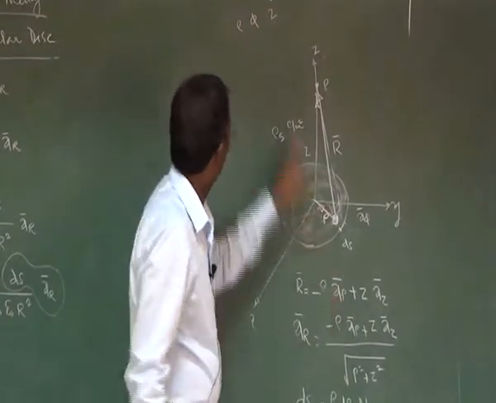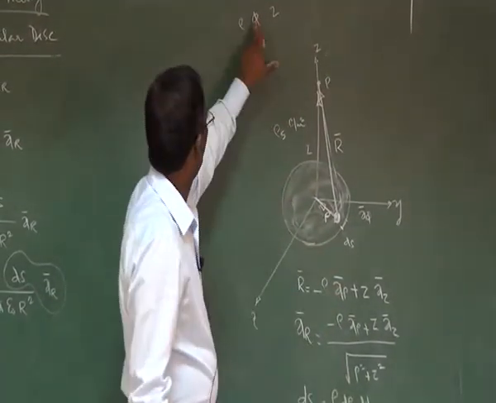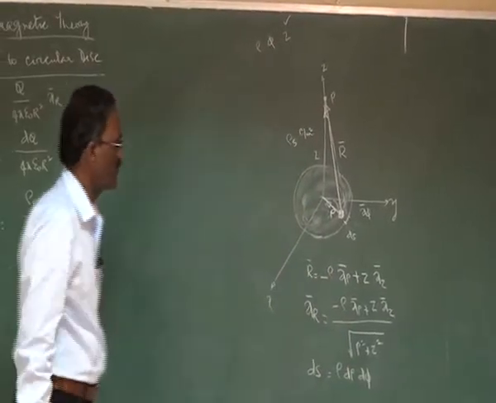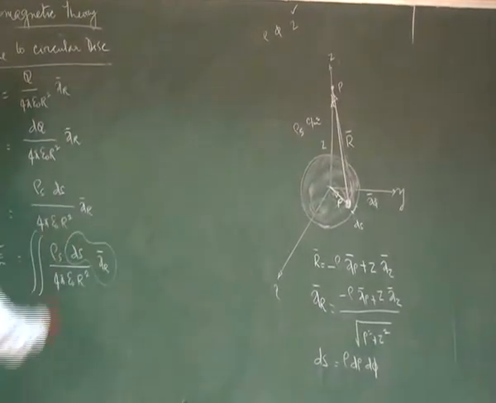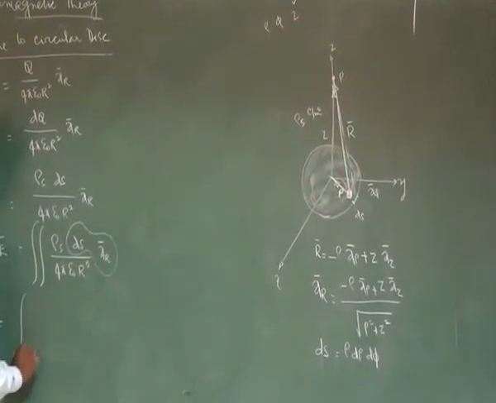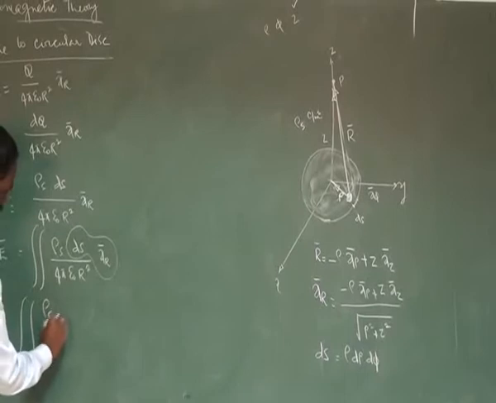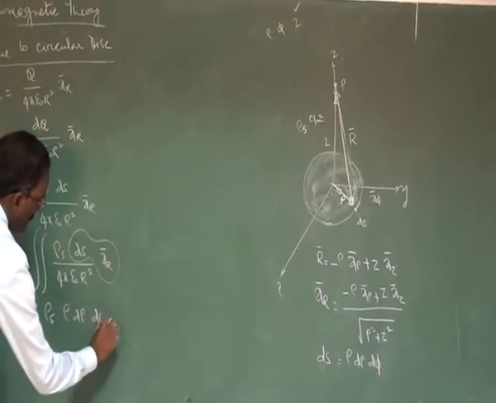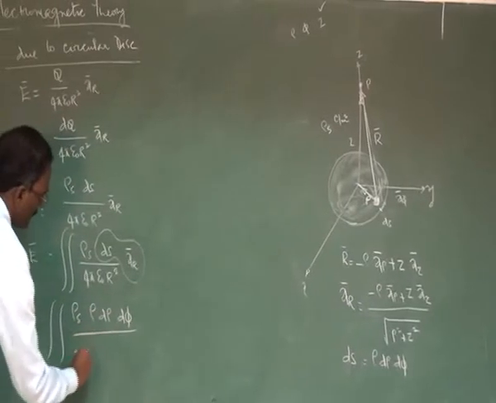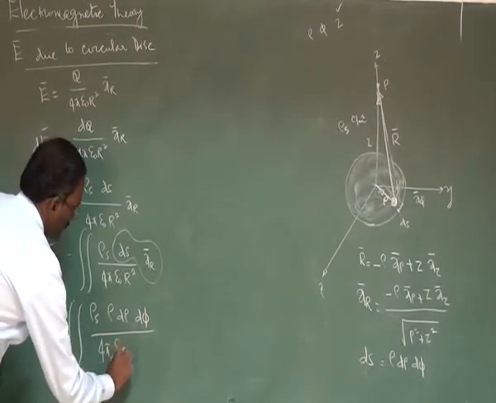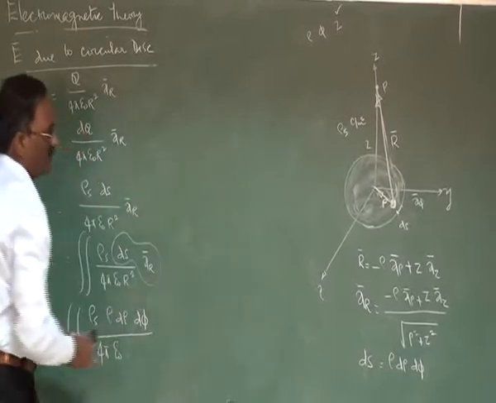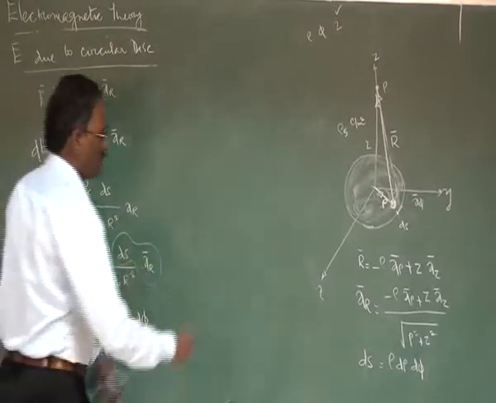Rho, the differential element is d rho. For phi, the differential element is rho d phi. So your ds will become rho d rho d phi. This value I must substitute here. Double integral rho s rho d rho d phi divided by 4 pi epsilon O r square, and we will take the value of the unit vector a r bar.